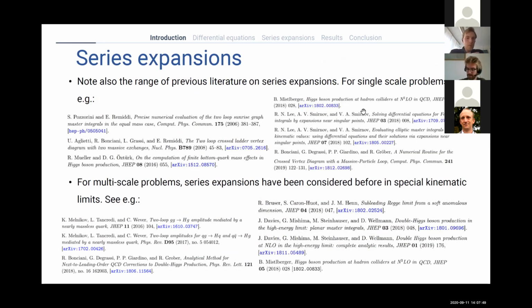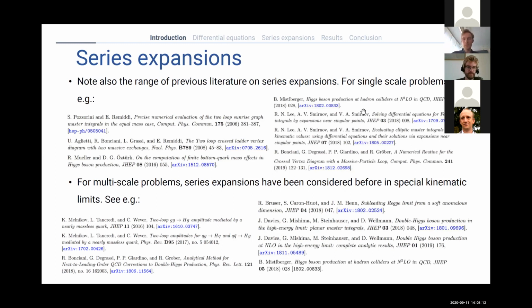Now, this idea of solving differential equations using series expansions is of course not new. There have been many papers in the literature dealing with these kinds of things, but usually it was in more restricted settings.